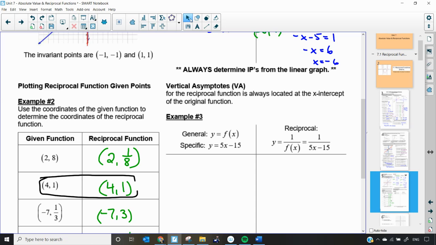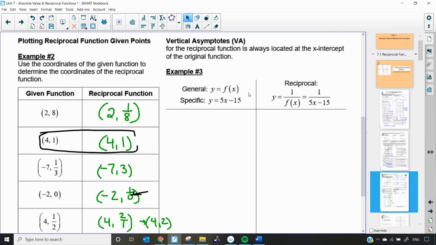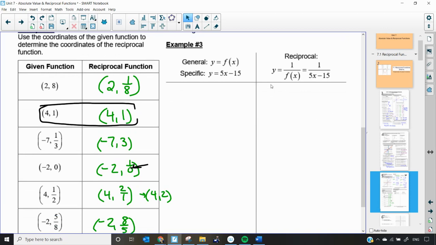So if we know the x-intercepts of our original function, we then know the asymptotes for the reciprocal function. And so we're going to start off with the graph y equals f of x, and then I'll give you a specific example that we can work with, might be y equals 5x minus 15. So if our original function is y equals f of x, the reciprocal would be 1 over f of x. If the example is y equals 5x minus 15, the reciprocal would be 1 over 5x minus 15.